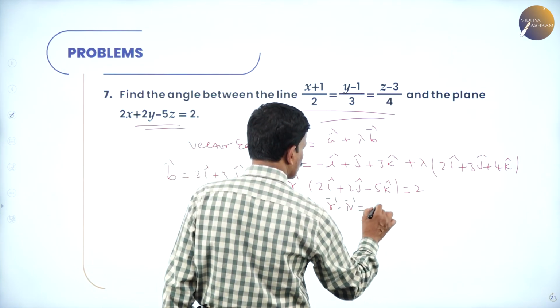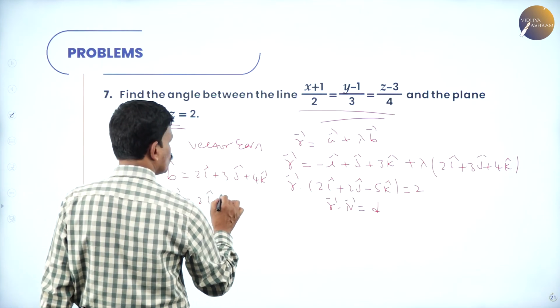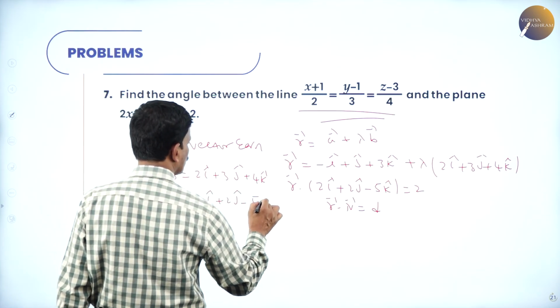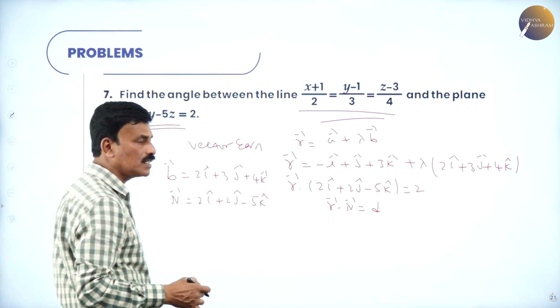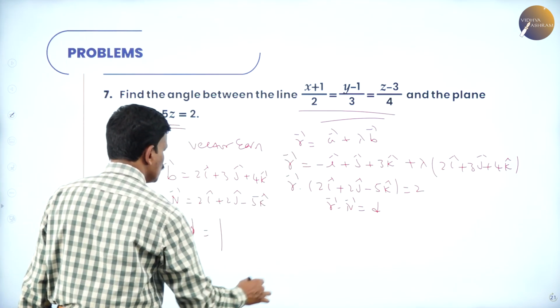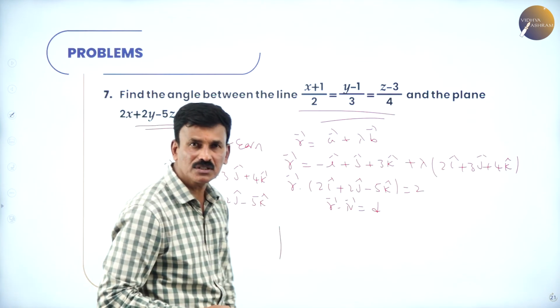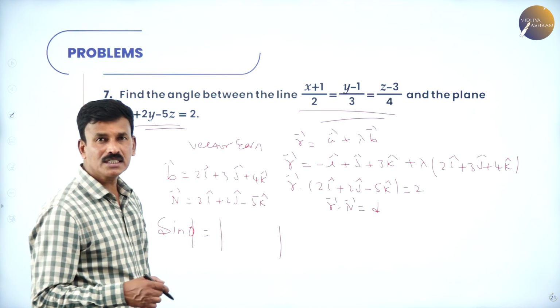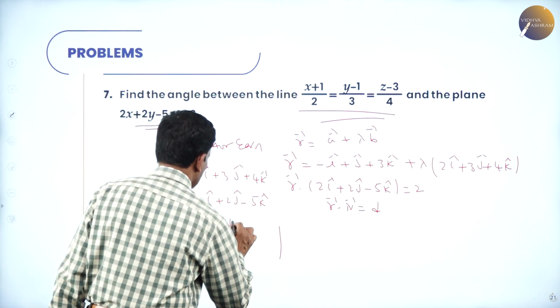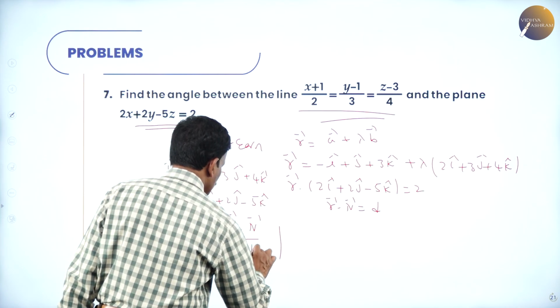Therefore vector n is equal to 2i plus 2j minus 5k. So the angle between the line and the plane is given by sin phi is equal to the magnitude of b dot n divided by length of b into length of n.